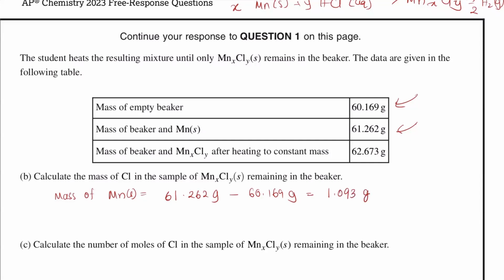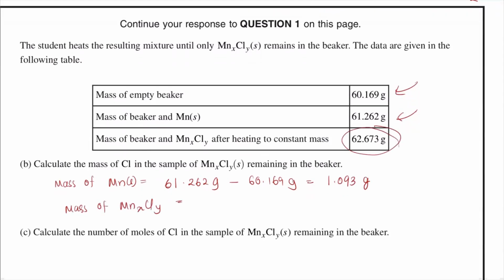Now we want to find the mass of manganese chloride. This is also the same. We take this value and we subtract the empty beaker. So we have 62.673 gram minus 60.169 gram, and this is going to give us 2.504 gram.